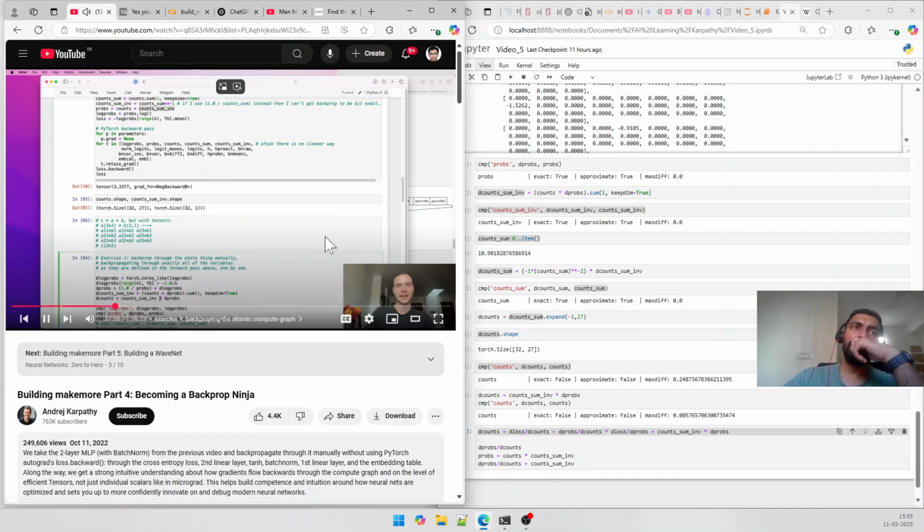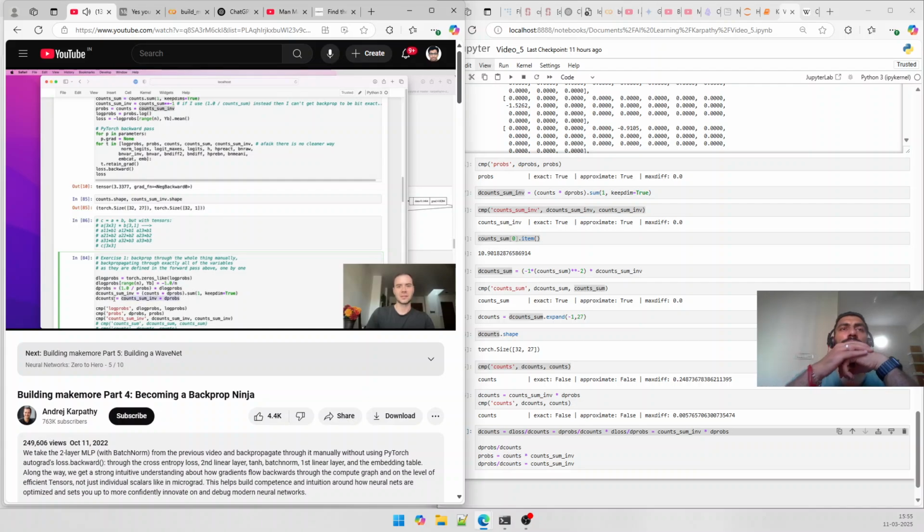There will be a broadcasting that happens in this multiply here, because count sum inv needs to be replicated again to correctly multiply dprobs. But that's going to get the correct result.